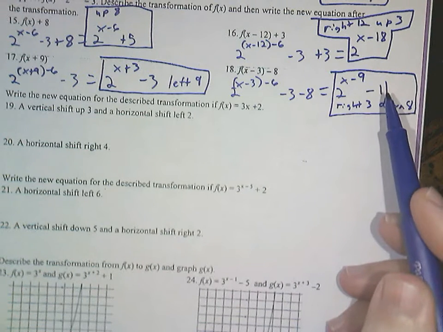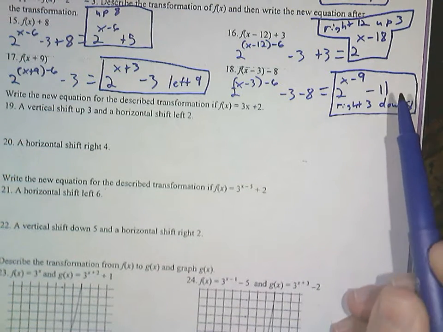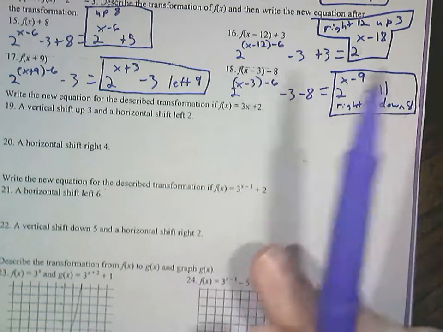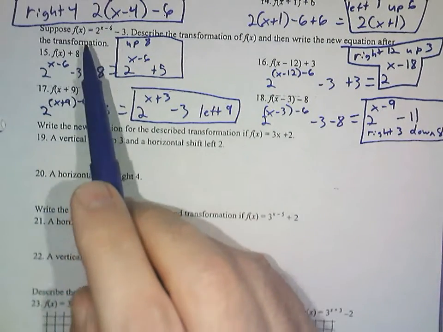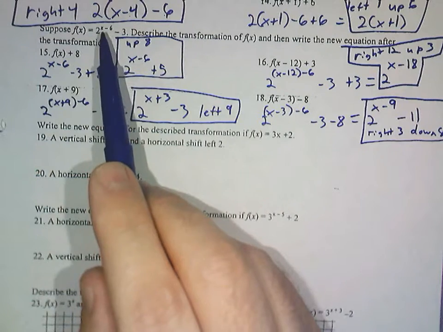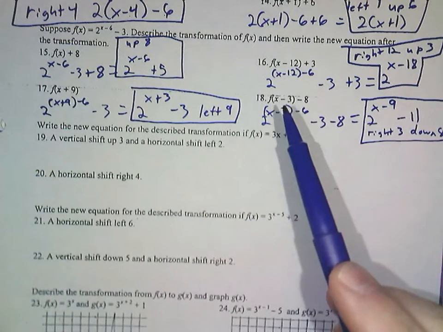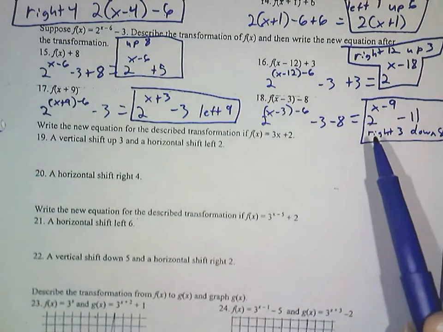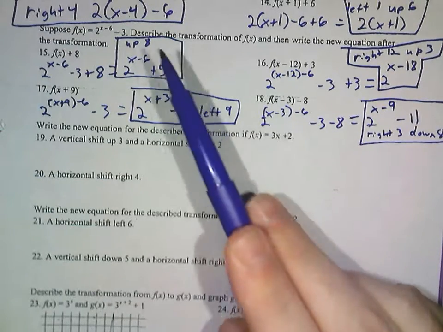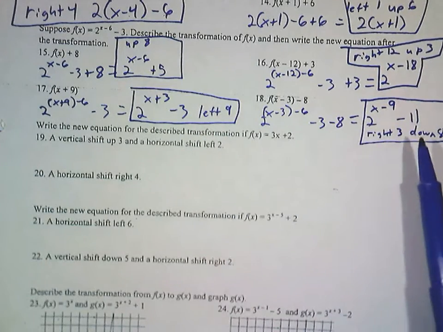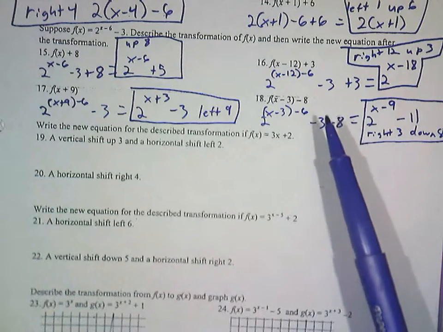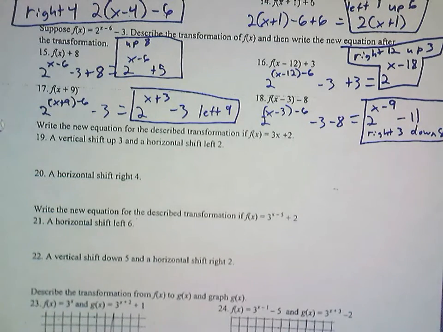Or they'll see that negative 11 and say, oh, it went down 11. But no, I started with x minus 6, right? The change from the original was I subtracted 3, which means I went right 3. And again, I started with the negative 3 outside, so it's not like it went down 11. I went down 8. So be careful of that.